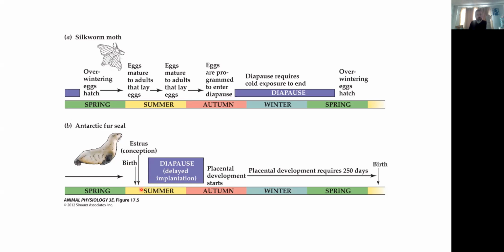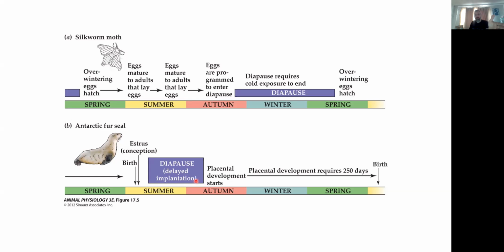But they're going to also mate really closely to that birth period, right? Conception is going to happen right after birth. But then they're going to undergo delayed implantation. They're going to put a pause on the development of that new offspring. And they're going to pause it right up until the middle of autumn, okay?